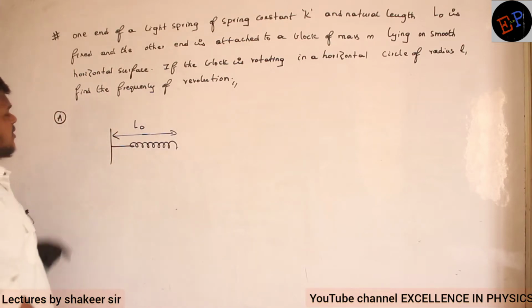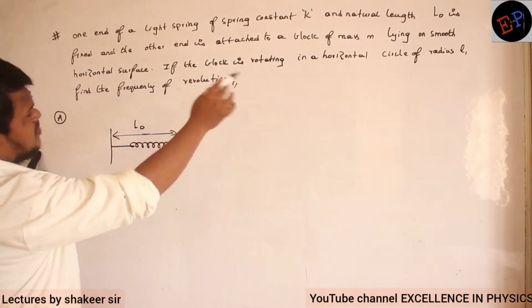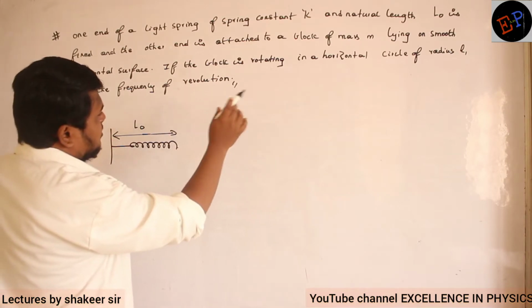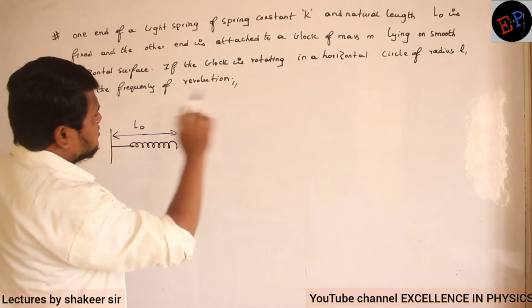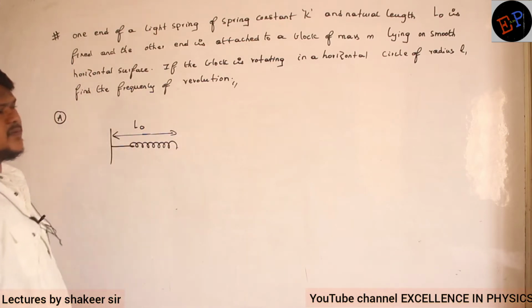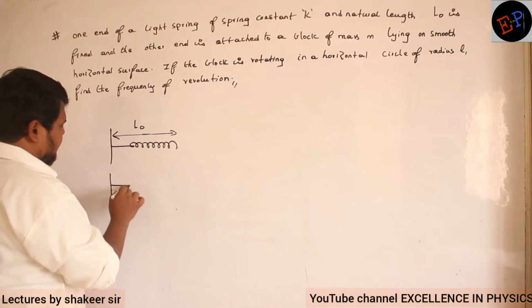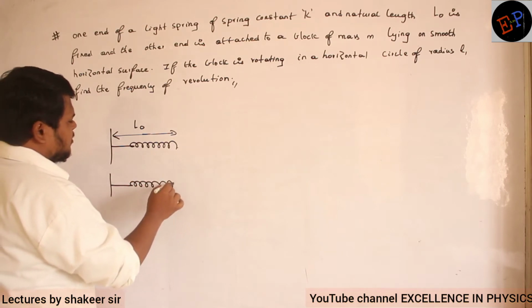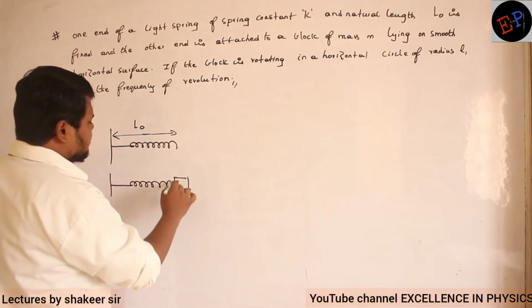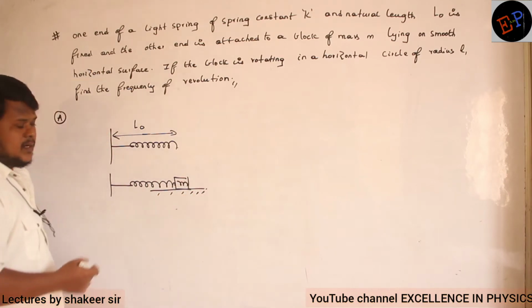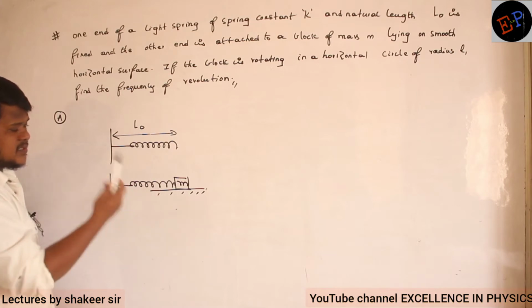Now we are attaching a block of mass M lying on a smooth surface. If the block is rotating in a horizontal circle of radius L, then what is the frequency of revolution? To this same spring we attach a small mass m on a smooth horizontal table and rotate it in a horizontal circle.